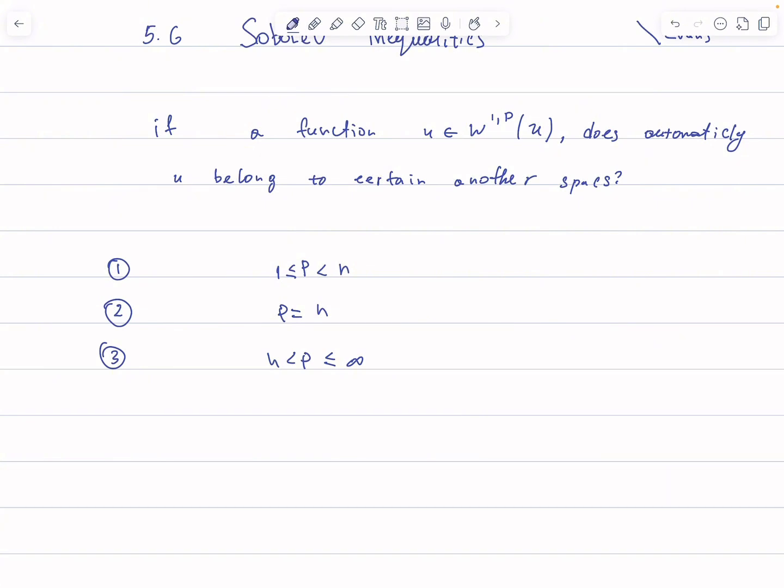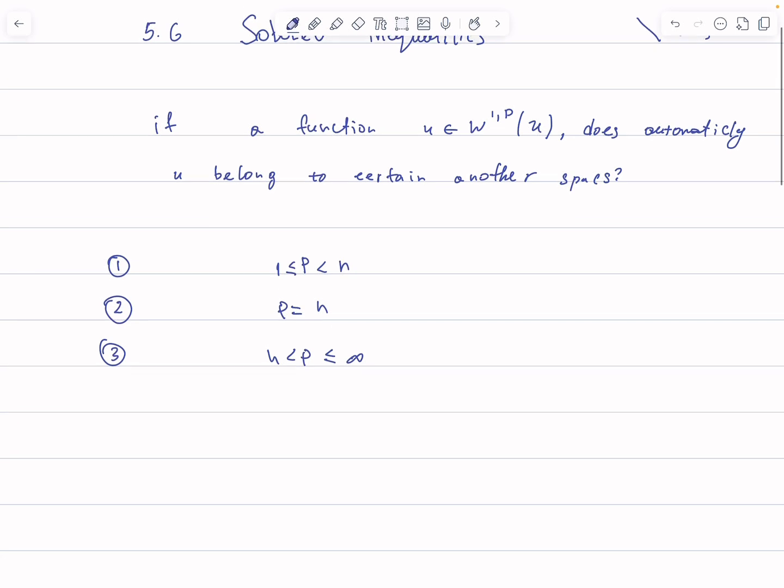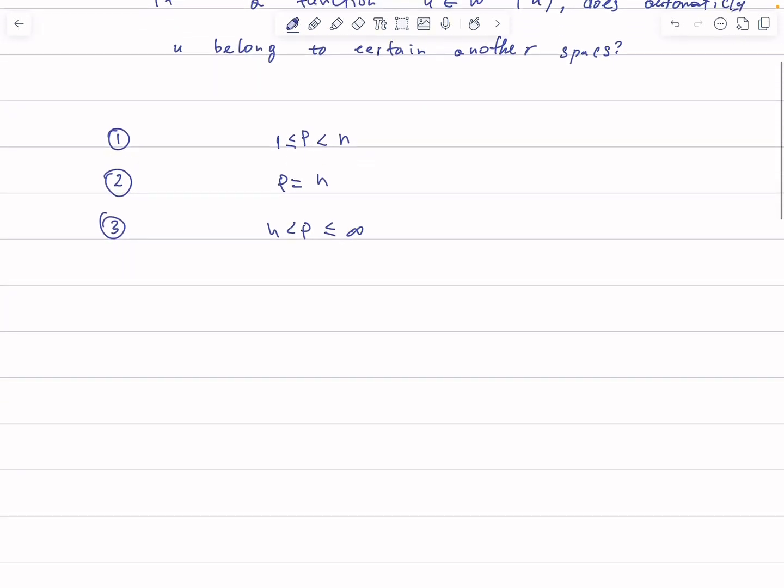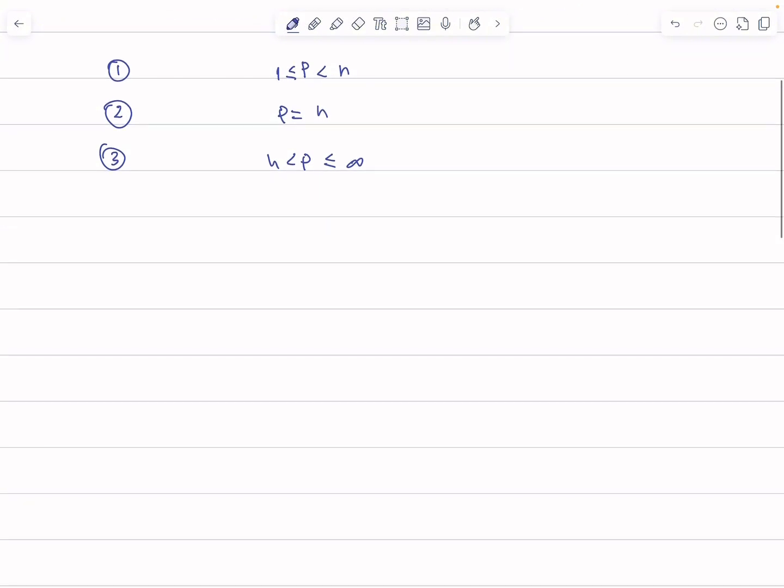In this lecture we will talk about the first case, when p is greater or equal to 1 and less than n, which is called the Gagliardo-Nirenberg-Sobolev inequality.